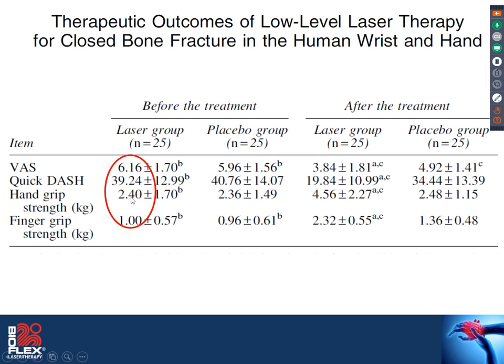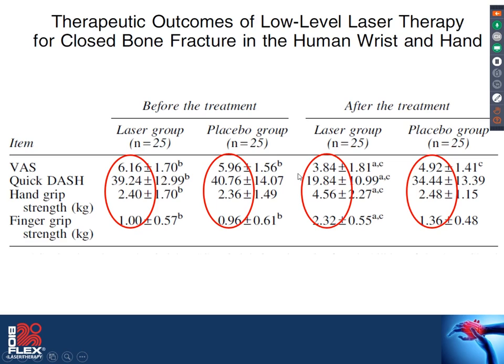So in the laser group at the very beginning, before treatment, you can see what it was. And then after the treatment, the VAS went from a 6 down to a 3.8. The DASH went from about a 40 down to about a 20. The hand grip increased or doubled, as did the finger grip strength. If you look at the placebo group, starting at 6, it went down to 5.